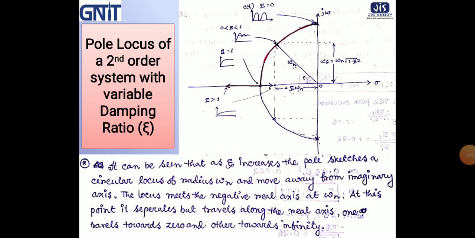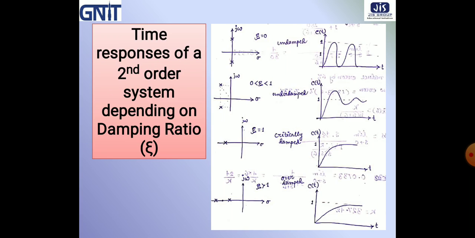So moving to our next topic, that is the pole locus of a standard second order system with variable damping ratio. Now to understand this, just look at this slide.